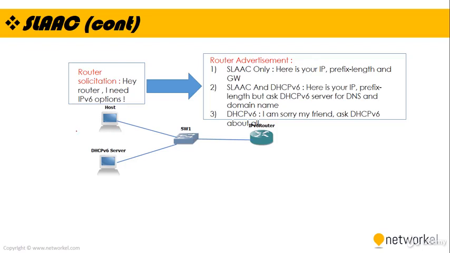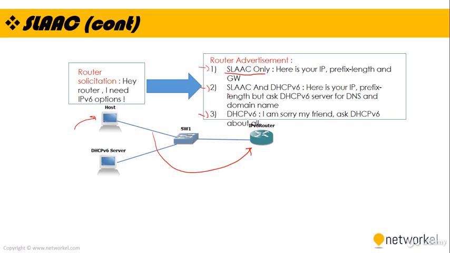The host makes a request first, which is a router solicitation message, saying that, hey router, I need IP version 6 options. Our IP version 6 router gets this request and can reply in three ways. The first reply is SLAAC only, which includes, here is your IP, prefix length, and the gateway, replying to the host.